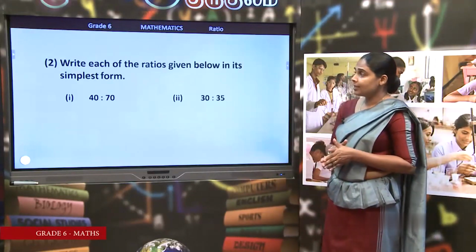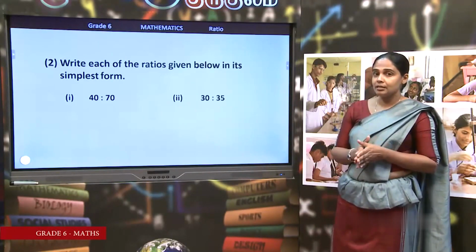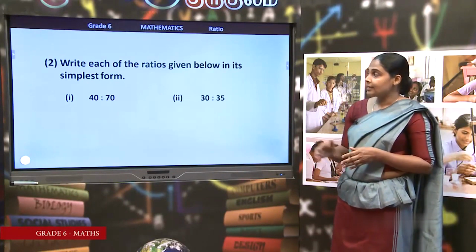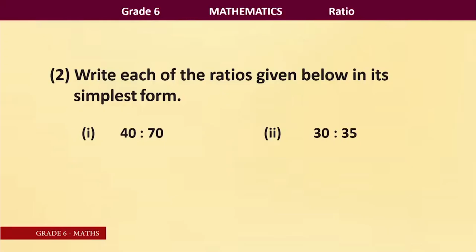Then here, what is the question now? It is the second question of your exercise. Write each of the ratios given below in its simplest form. Now, they mention simplest form. Definitely, you should use the method of division. 40 to 70. How can you obtain the answer? Divide by 10. The answer is 4 to 7.